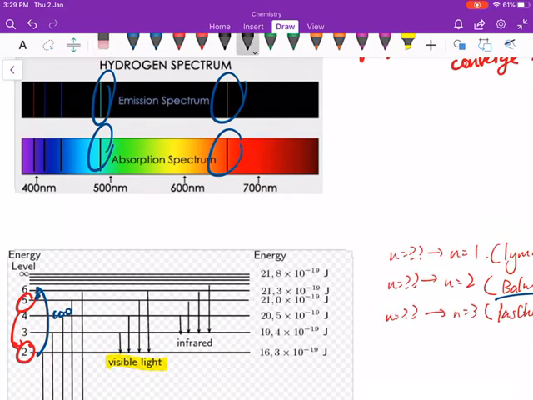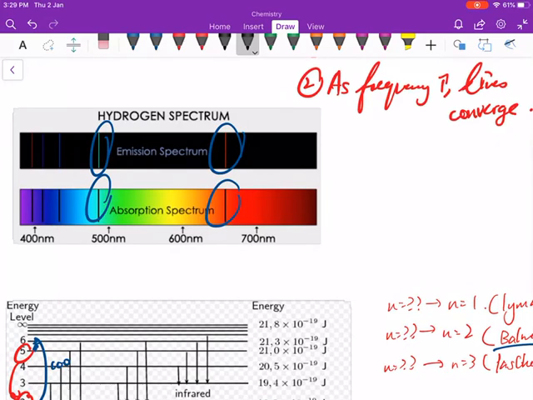If we are looking at the emission spectra, this line must be n equals something. Let's say it's n equals 6 down to n equals 2. This line must be n equals 8, which I made up myself, down to n equals 2. It can't be n equals 9.1.